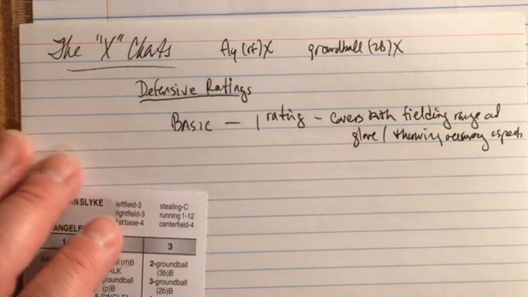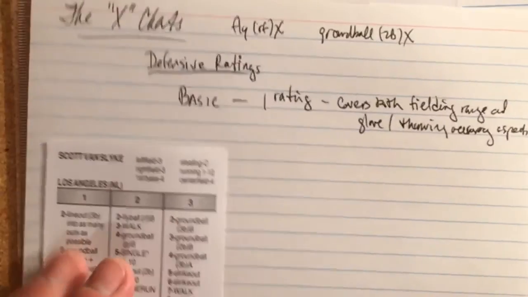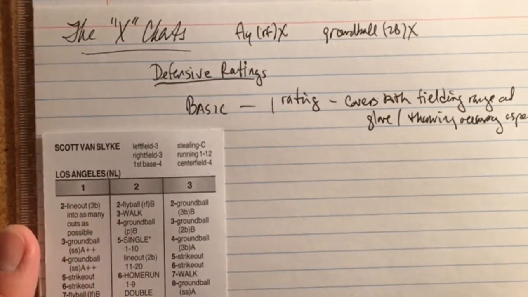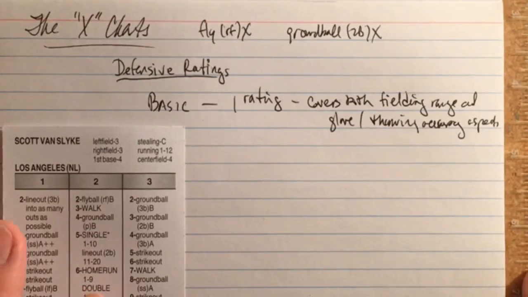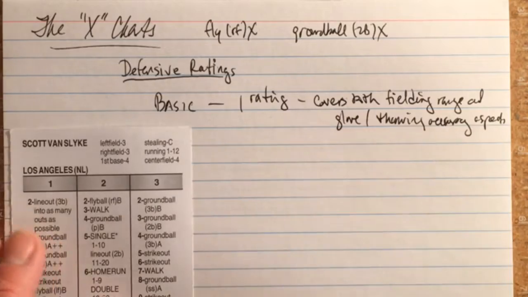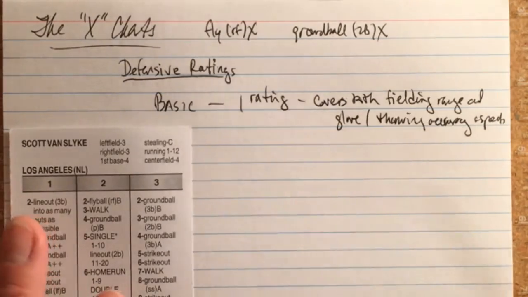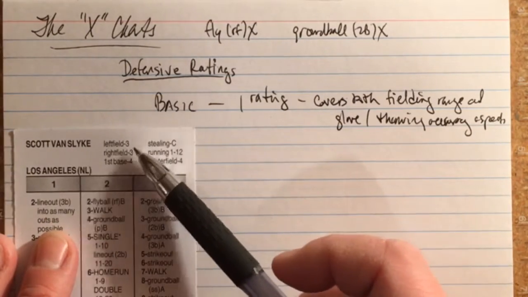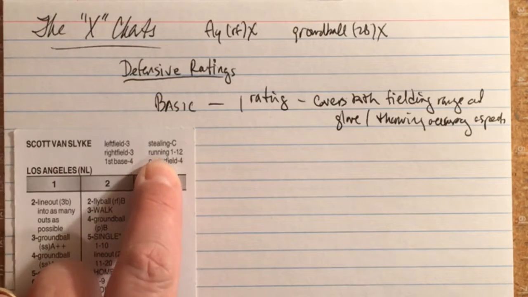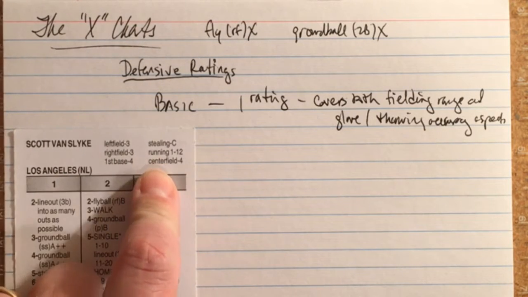Sorry for the scratch here, but what they've done to try to keep things simple for those trying basic, and it helps speed up play, is boil it down into one rating. So let's say Scott Van Slyke was playing in left, he's going to be a 3. Whereas if he played in center field or at first base, he would be a 4.